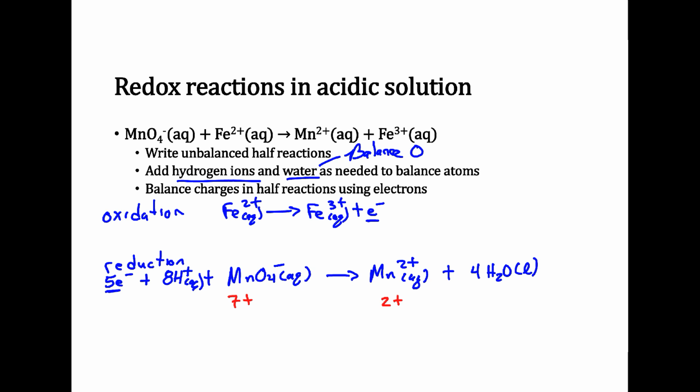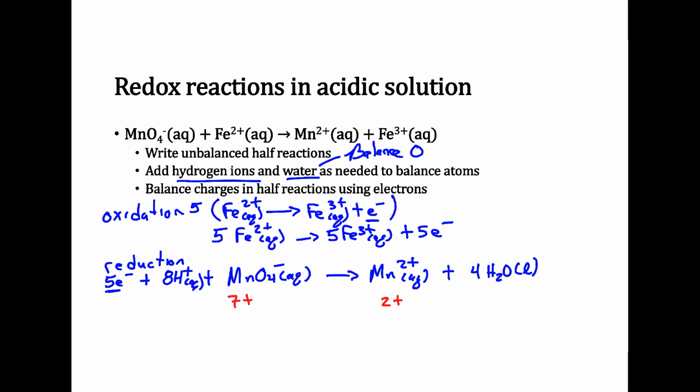Here we'll have to multiply this top reaction by 5, and the bottom reaction we just multiply through by 1, so it's good. As we look at the top reaction, this becomes 5 Fe2 plus yields 5 Fe3 plus 5 electrons.